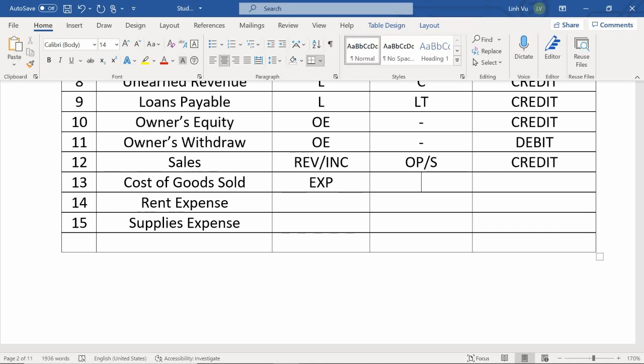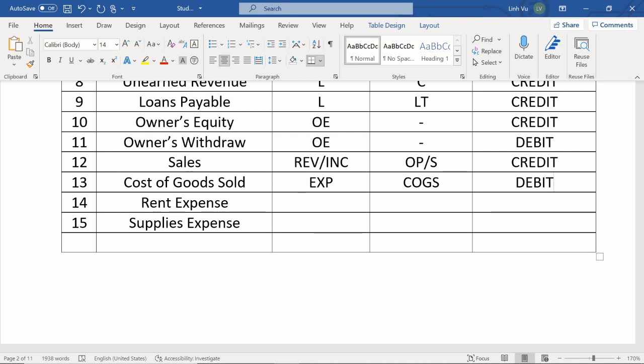So what kind of category would cost of goods sold fall under in expense? It's its own category itself. Cost of goods sold. And what kind of balance would that have? Debit. Yes. Expenses are always going to be debited. The normal balance of expenses will always be debit.